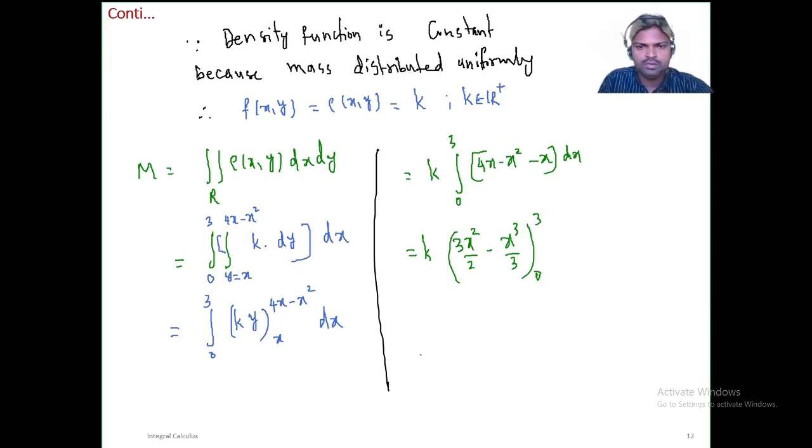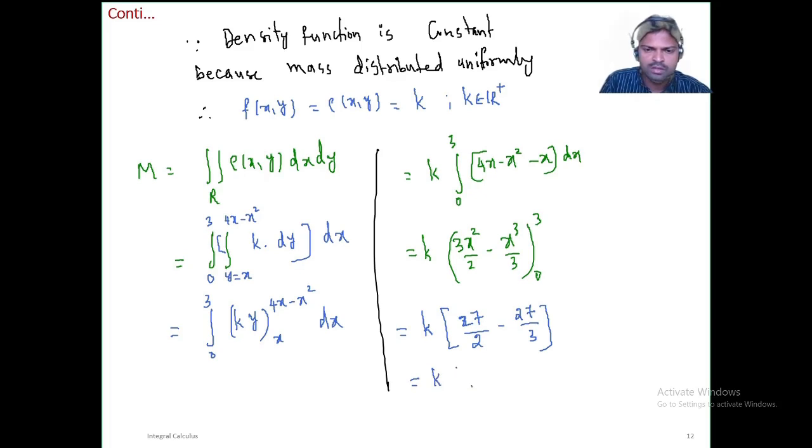Now this will be k into 3 upon 2 into 3 square, 9, so 27 upon 2 minus 27 upon 3. The lower limit is 0. So k into, take the LCM, LCM is 6.